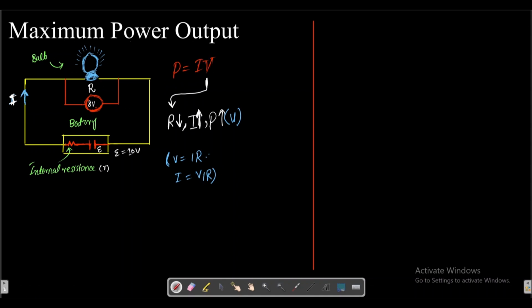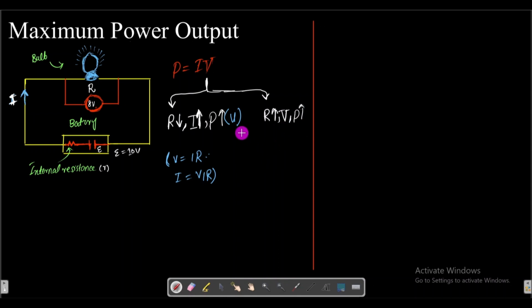So let's try the other scenario to achieve the maximum power. Some of you may think that we will have to increase the internal resistance. Okay, let's take that scenario. If we increase the internal resistance according to this formula, the voltage will be increased, and due to which the power will be increased.